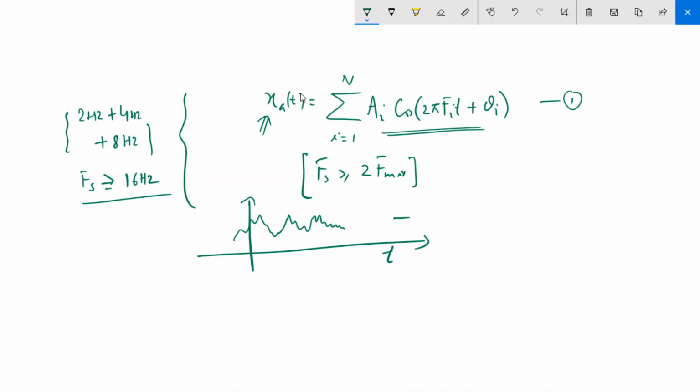But in that case you have to see what is the maximum possible frequency available in the signal. So for a speech signal, suppose the maximum frequency can go up to 3 kilohertz. It means the sampling rate should be greater than 6 kilohertz, for voice signals.